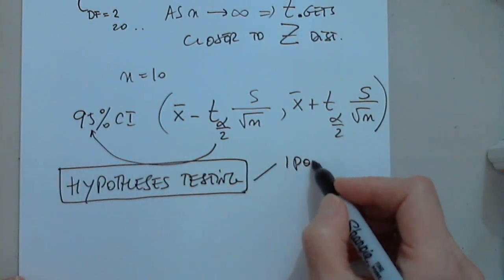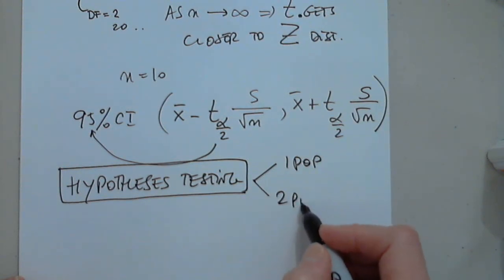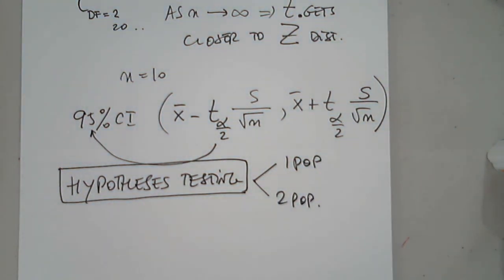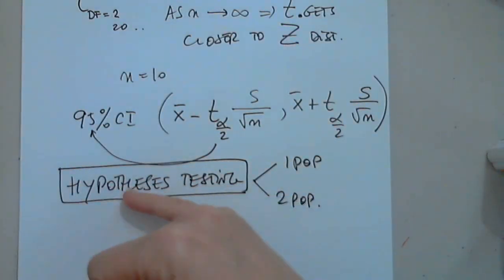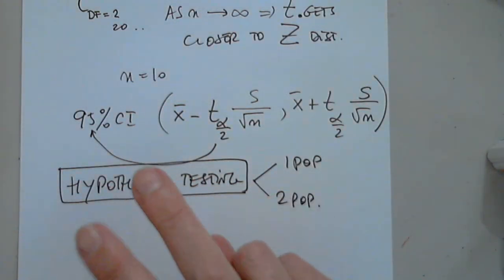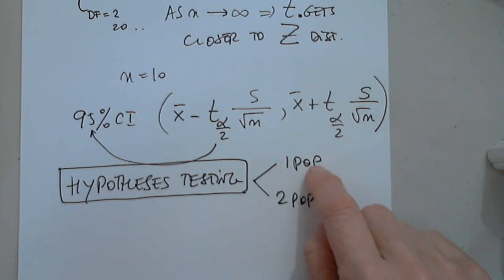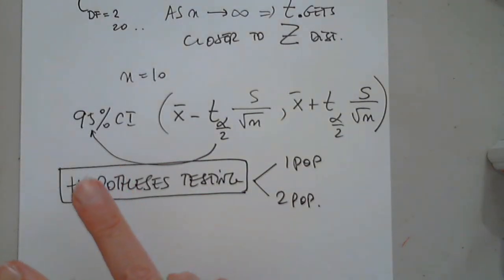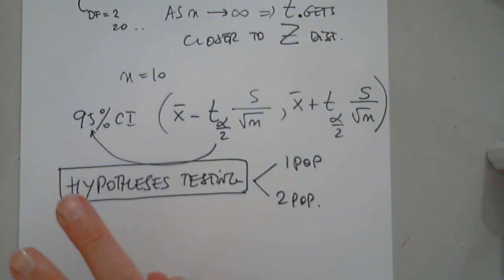For one population and for two populations. And that will be the end. 10 and 11 deal with this. 10 deals with one population proportion and one population mean, and the last chapter deals with two populations for proportions, two populations for the mean. And that would be the end of the course.